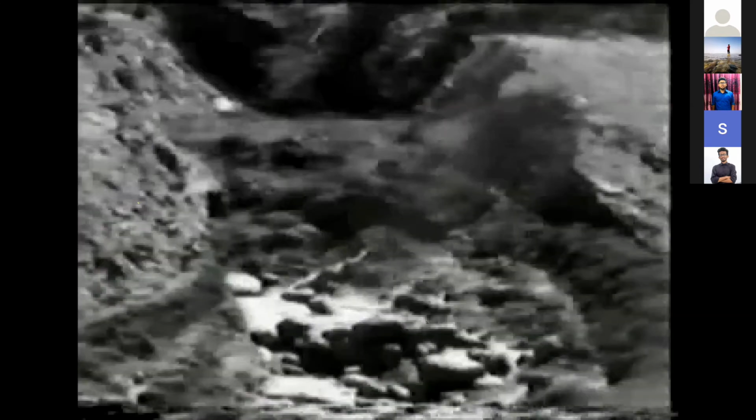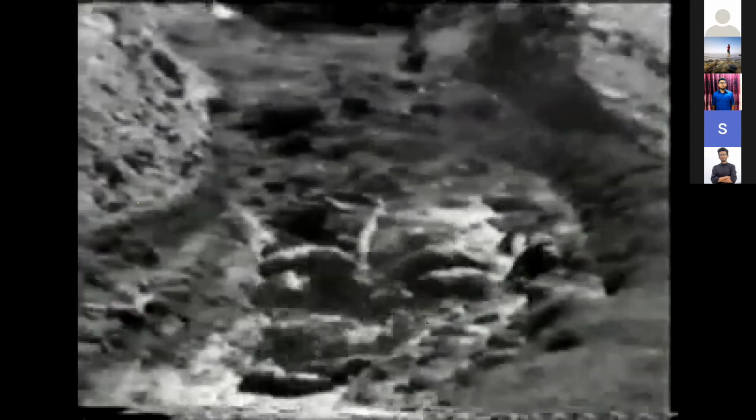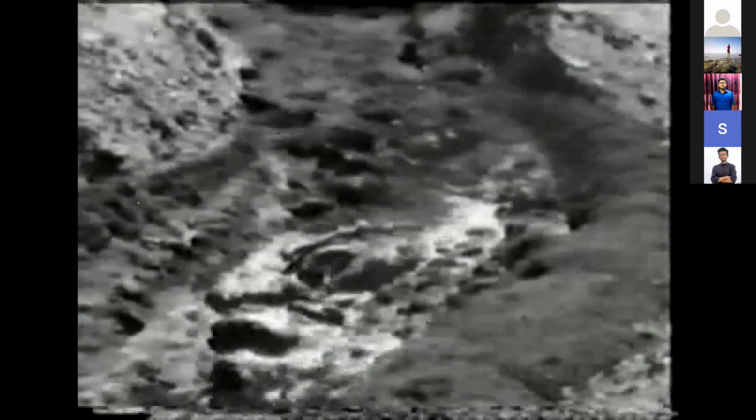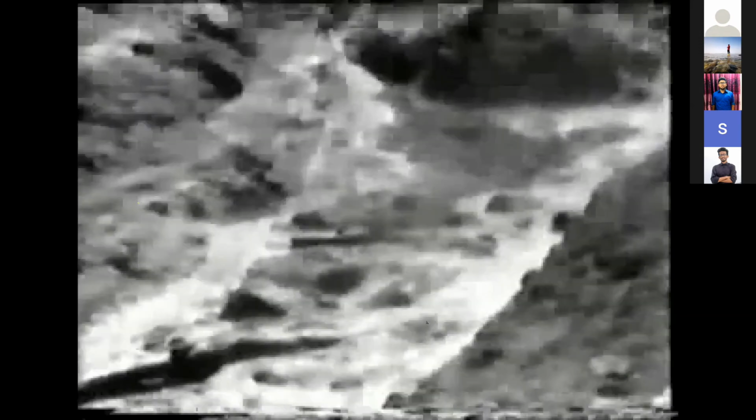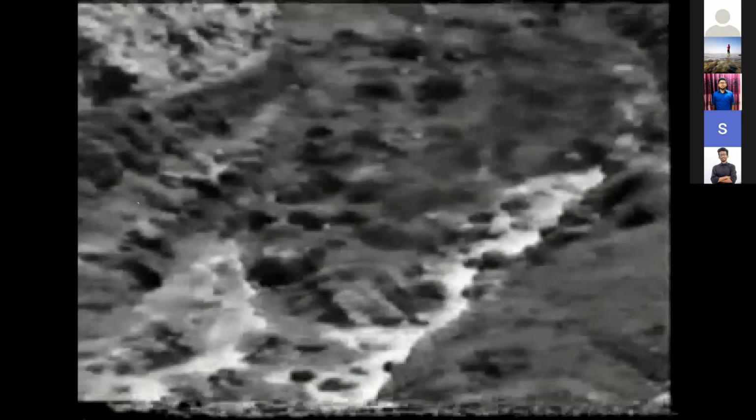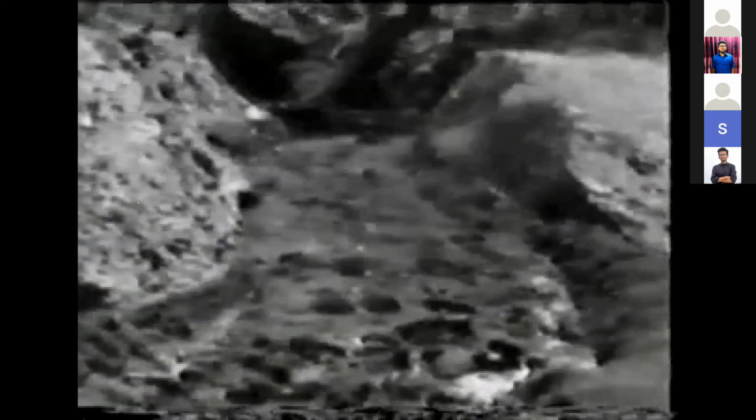Okay, they're becoming more fluid now. Okay, it's rotating. And often you'll see multiple waves in these.